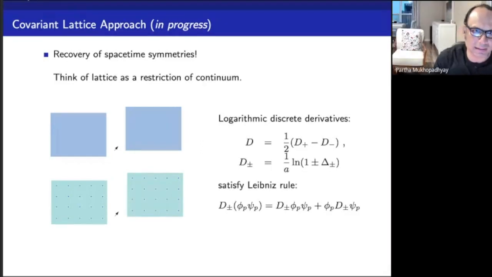I haven't done that calculation, but it depends on what kind of functions you choose. All sorts of functions are not allowed because the logarithmic operation, the power series, has to exist. But if you allow the functions for which you can do Fourier transform, then the continuum Fourier transform calculation will go through here in the same way, because on the Fourier mode it has the same action up to the logarithmic branch cut ambiguity.